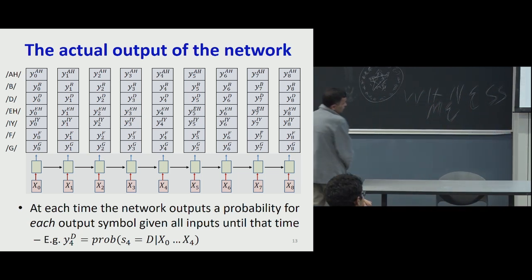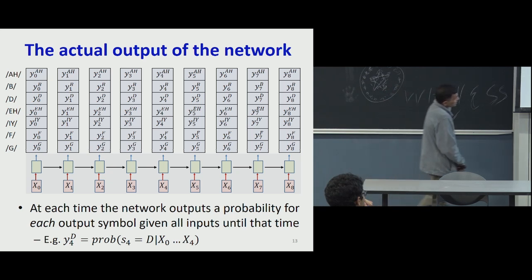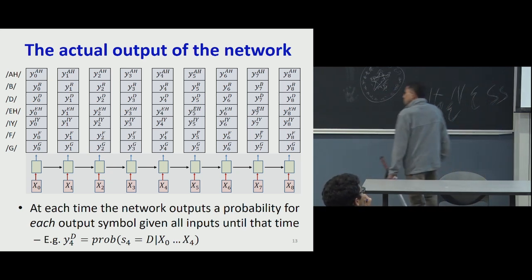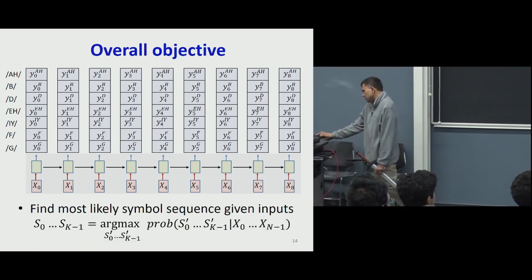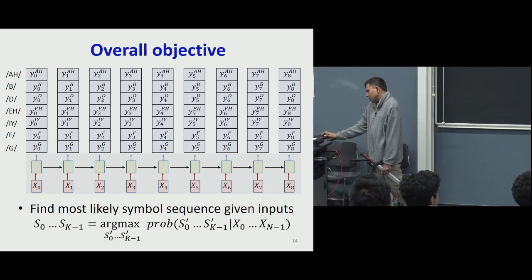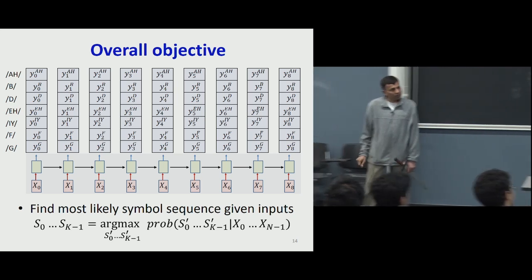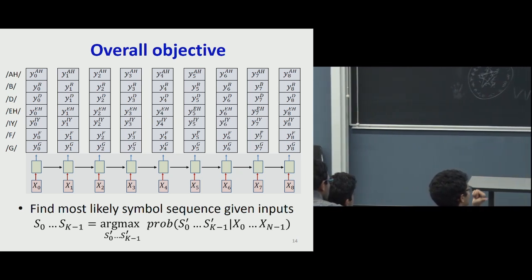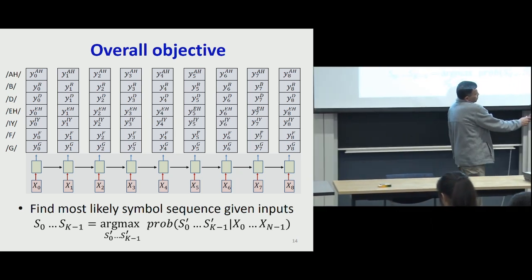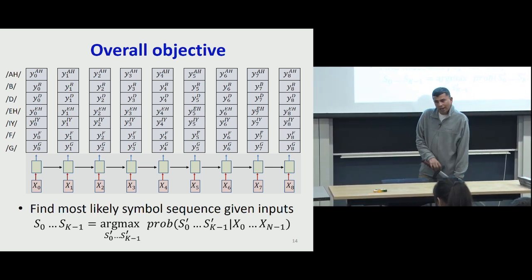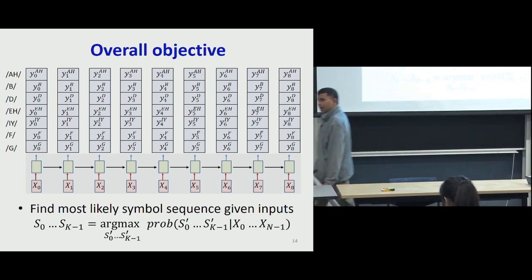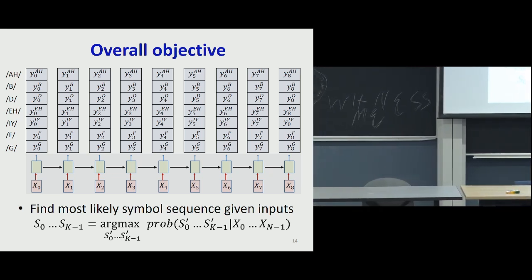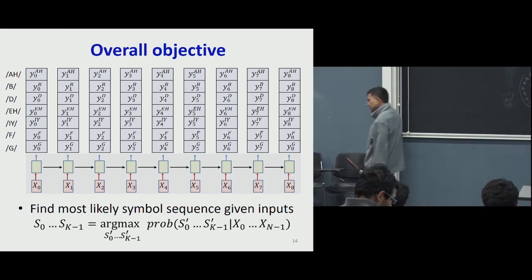So the actual task you want to perform is to compute the most likely symbol sequence over the inputs. And now the problem is that the output symbol sequence can be of any length, some k. The input sequence could be of a different length, n. And you need to find the most likely symbol sequence of some unknown length given the input sequence.